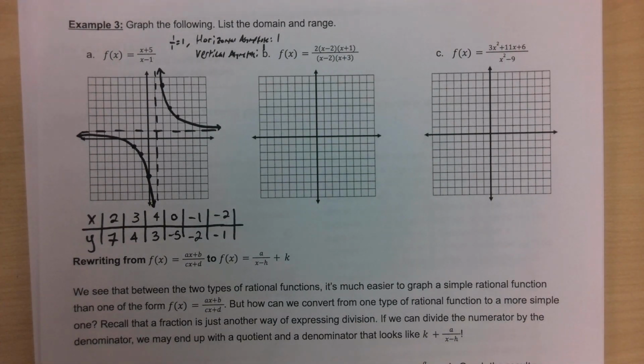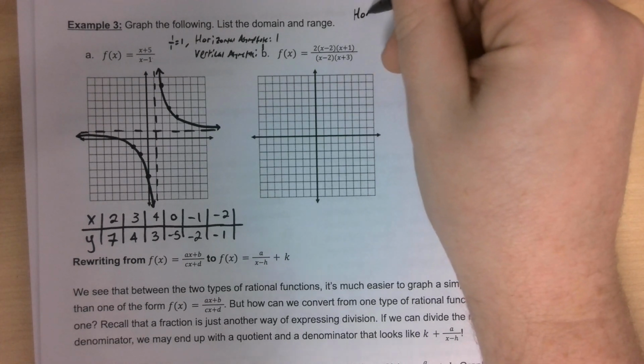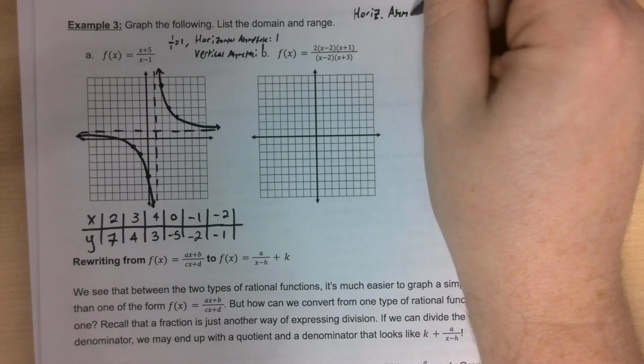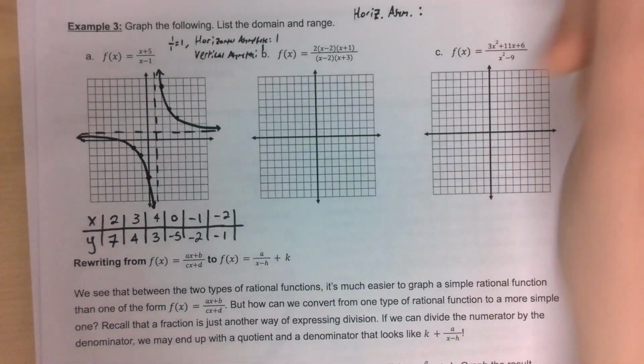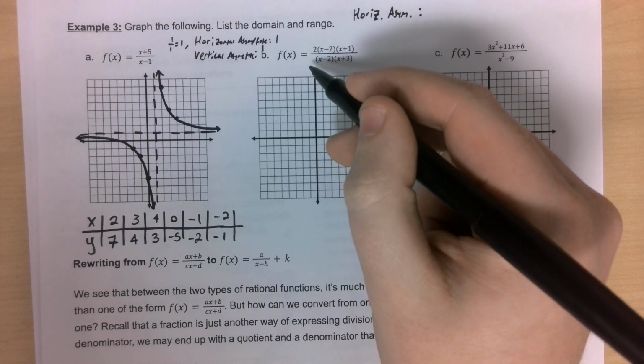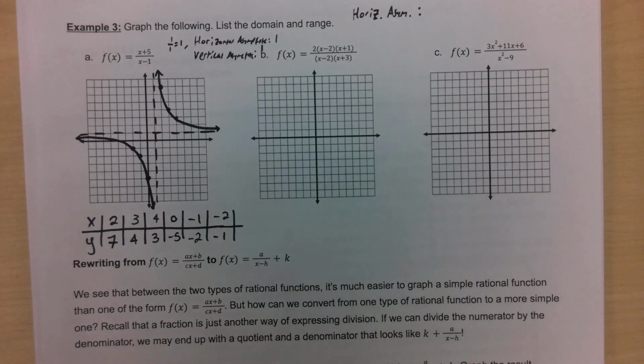For the next one, we can do the exact same thing. So, to find our horizontal asymptote, we know that we have to do our leading coefficients, 2 divided by 1. Keep in mind that in factored form, it's a little bit difficult to see what the leading coefficients are.